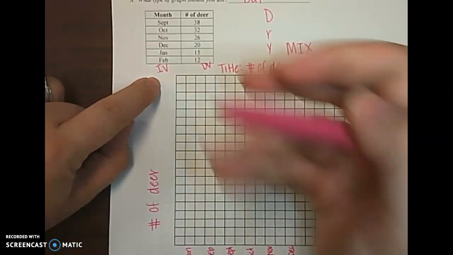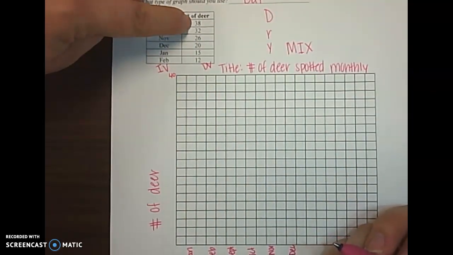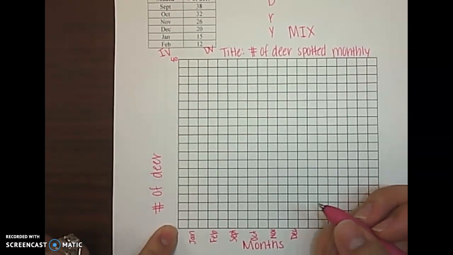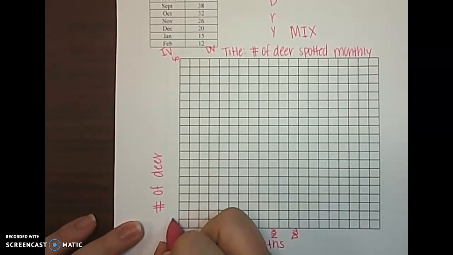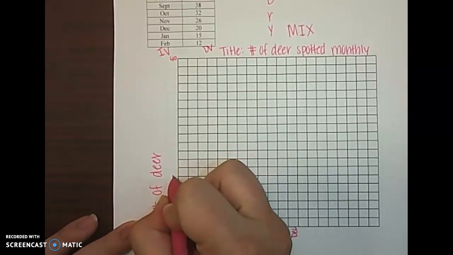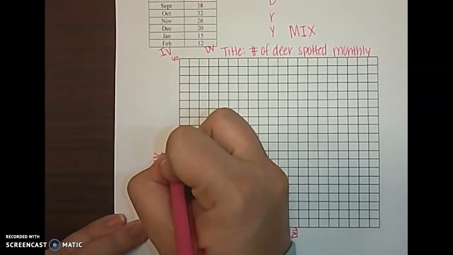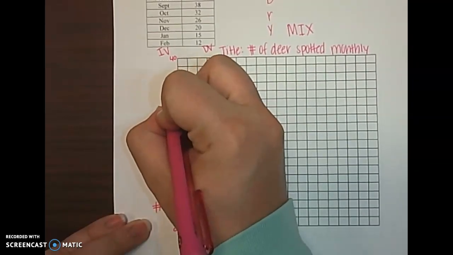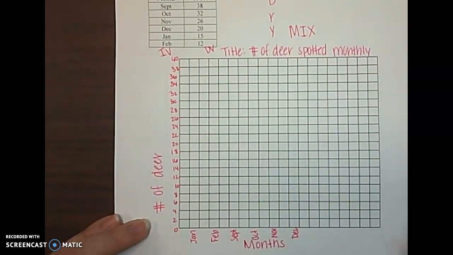So we can do 40 at the top because it's greater than our highest number, and it's easily divided by the 20 hash marks. So we're going to start at 0, and we're going to go up by 2s to get to 40: 2, 4, 6, 8, 10, 12, 14, 16, 18, 20, 22, 24, 26, 28, 30, 32, 34, 36, 38, 40.